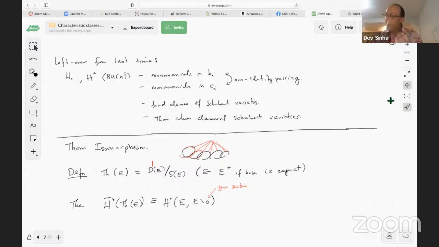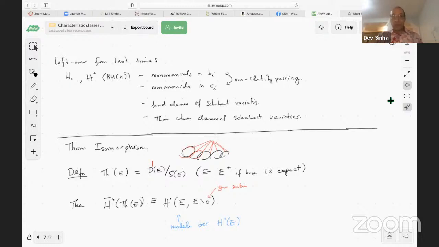And this is a module over the cohomology of E, because if you take a cochain which vanishes away from the 0 section, and you cup it with any other cochain, in other words, any cochain in this relative group.